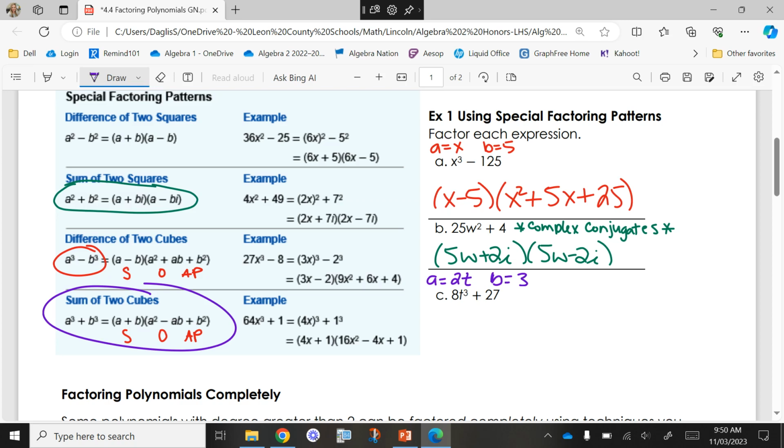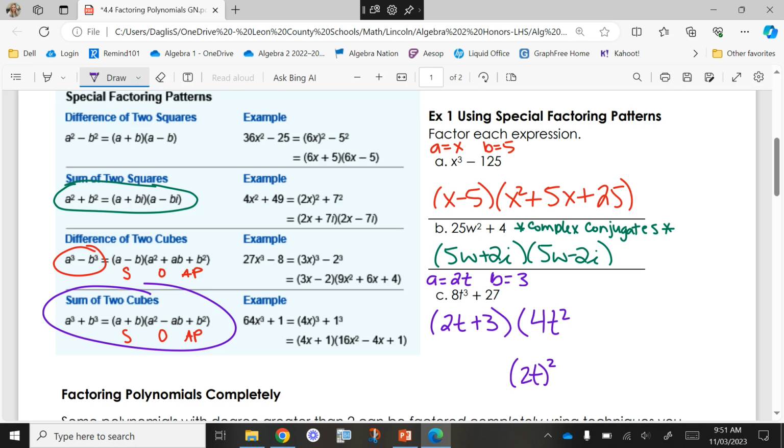All right. So we're going to have a plus b first because my sign is the same. So that becomes 2t plus 3. Next is a squared. Well, my a is 2t, right? What is 2t squared? What is 2 squared? 4. And then t squared is t squared. Yeah, you're good.